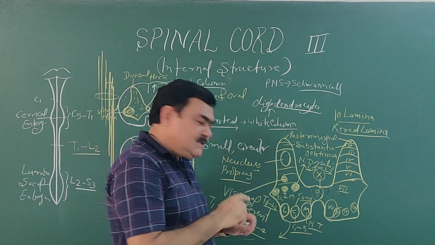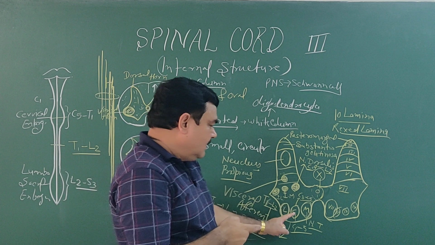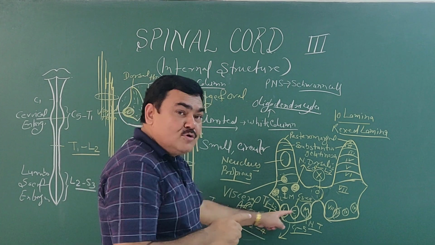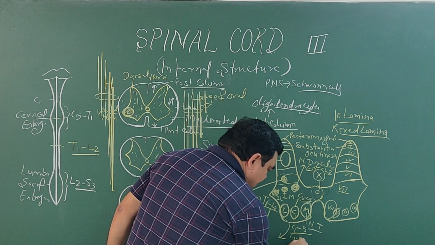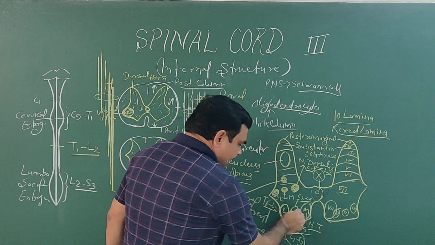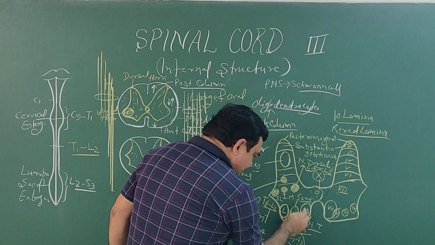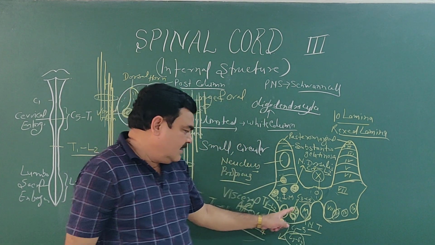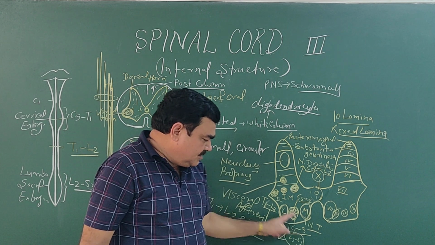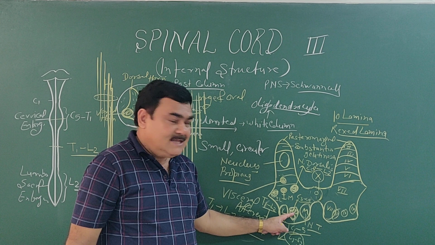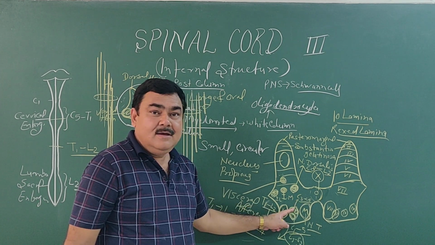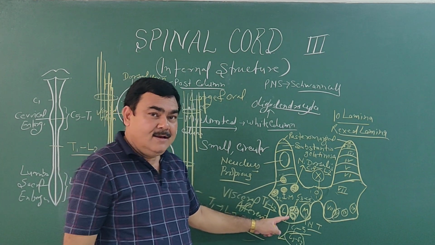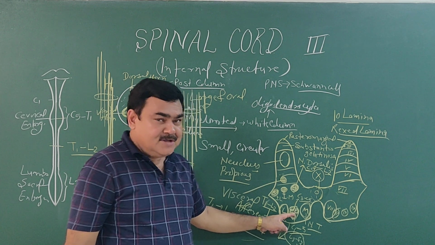And the lumbosacral nucleus is also present, extending from L2 to S3, but its function is not clear. So there are three nuclei in the central region: C1 to C5 spinal accessory, C3 to C5 phrenic nerve, and L2 to S3 lumbosacral nuclei, whose function is unknown.